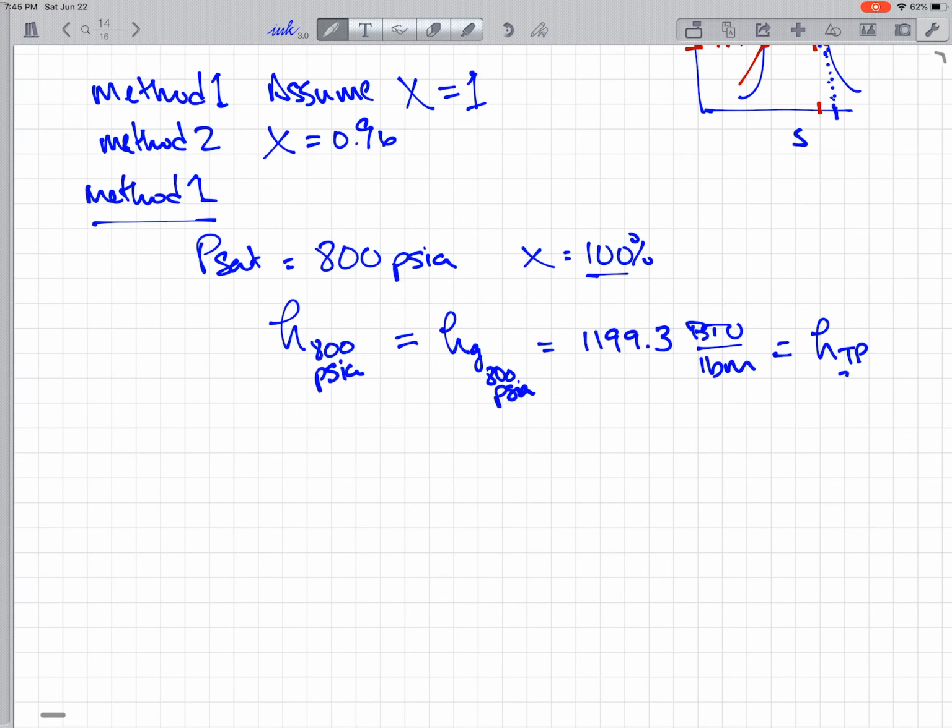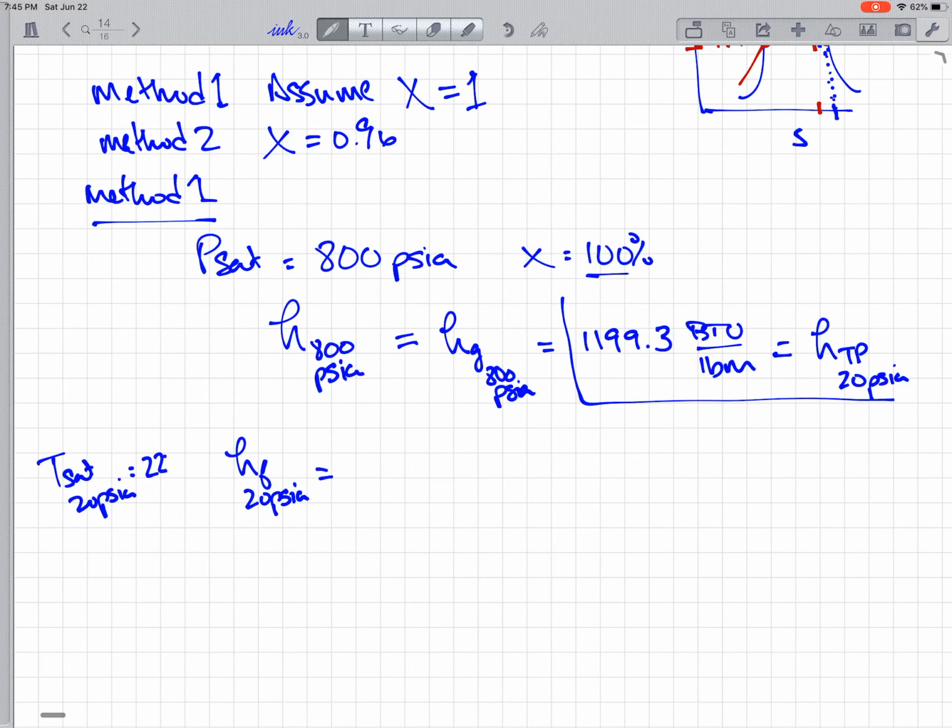So the tailpipe is at 20 psia. So now we got to ask ourselves, what is the state of this steam? Alright, so hf, the saturated water enthalpy for 20 psia, is on page 15. And at 20 psia, there's going to be a Tsat of 227 degrees.